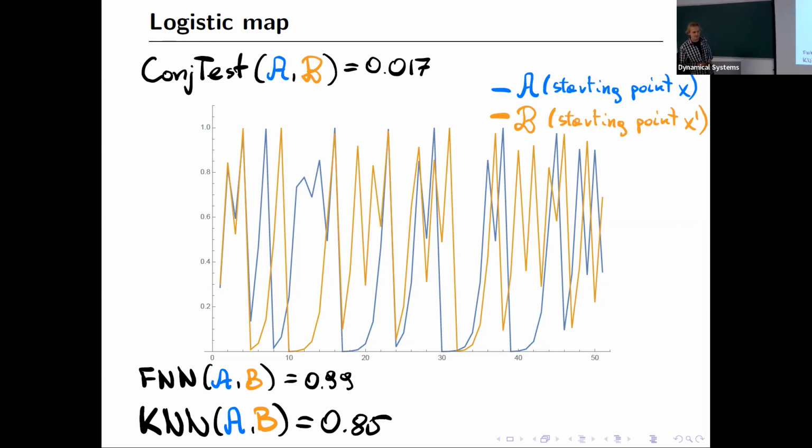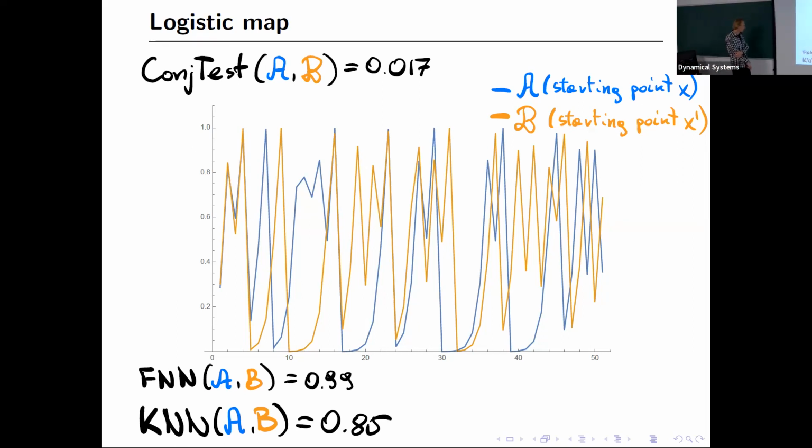Like FNN and KNN, they have flagged values, so they say that systems are not conjugate, which is, let's say, correct from the mathematical point of view, because they are different trajectories of the same time series, and these points live on different orbits.